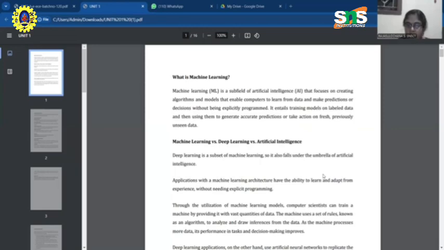With the help of these models, we can train the machine with a large amount of data. This training is accomplished with a set of rules called algorithms, which help in drawing inference from the data. Since there is a large amount of data, the performance and the decision making process also improve.